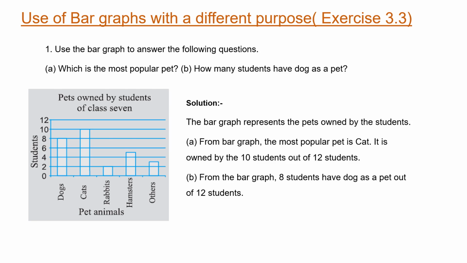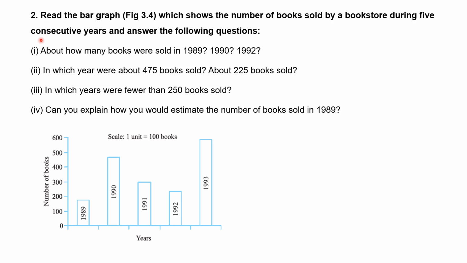Clear? Next question is, read the bar graph which shows the number of books sold by a bookstore during 5 consecutive years, and answer the following questions. About how many books were sold in 1989, 1990 and 1992? In which year were about 475 books sold? About 225 books sold?